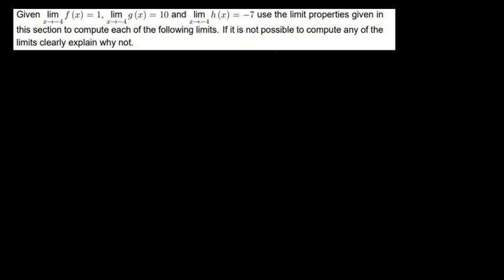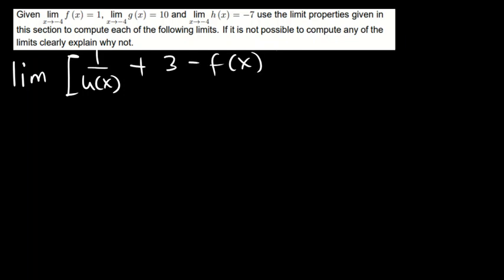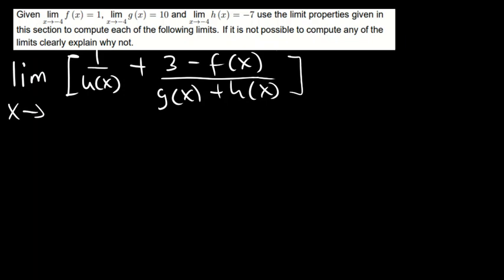The next one says that we should find the limit of 1 over h of x plus 3 minus f of x divided by g of x plus h of x, as the value of x approaches minus 4. Now let's look at how you are going to solve this question.